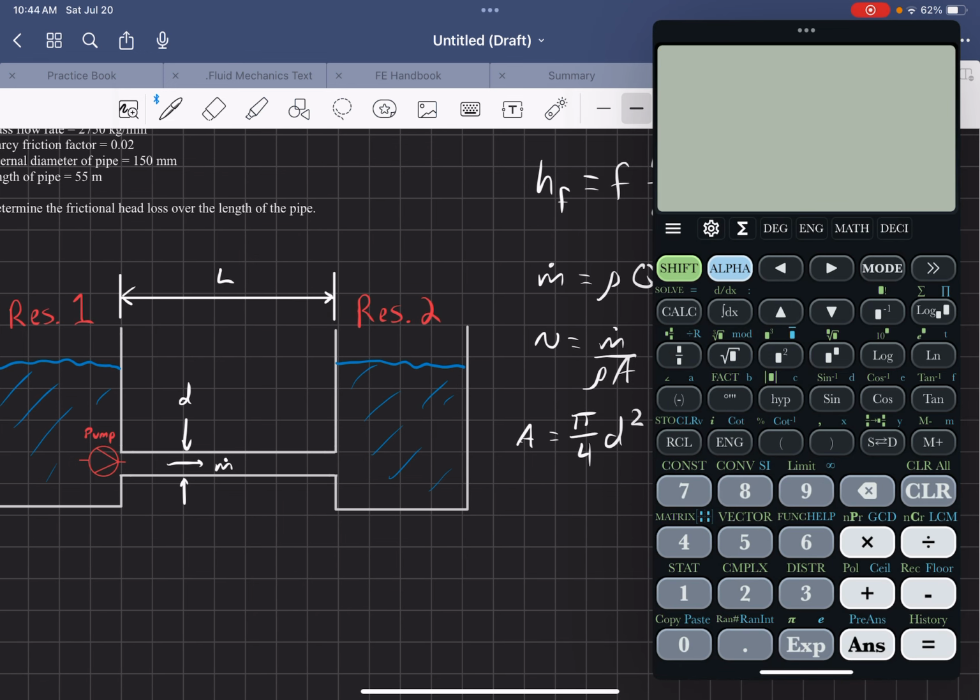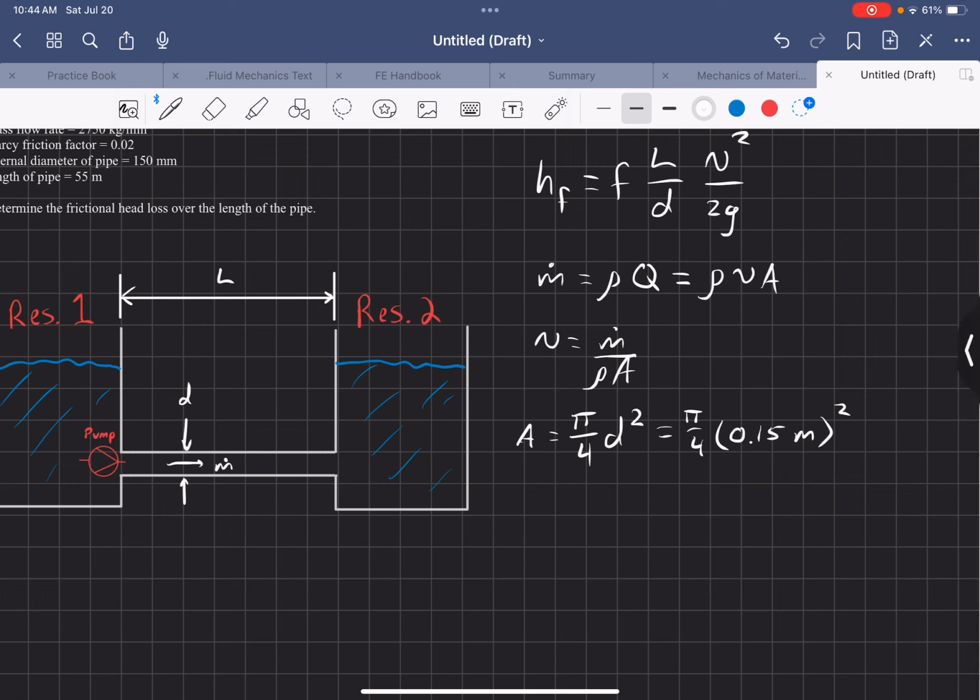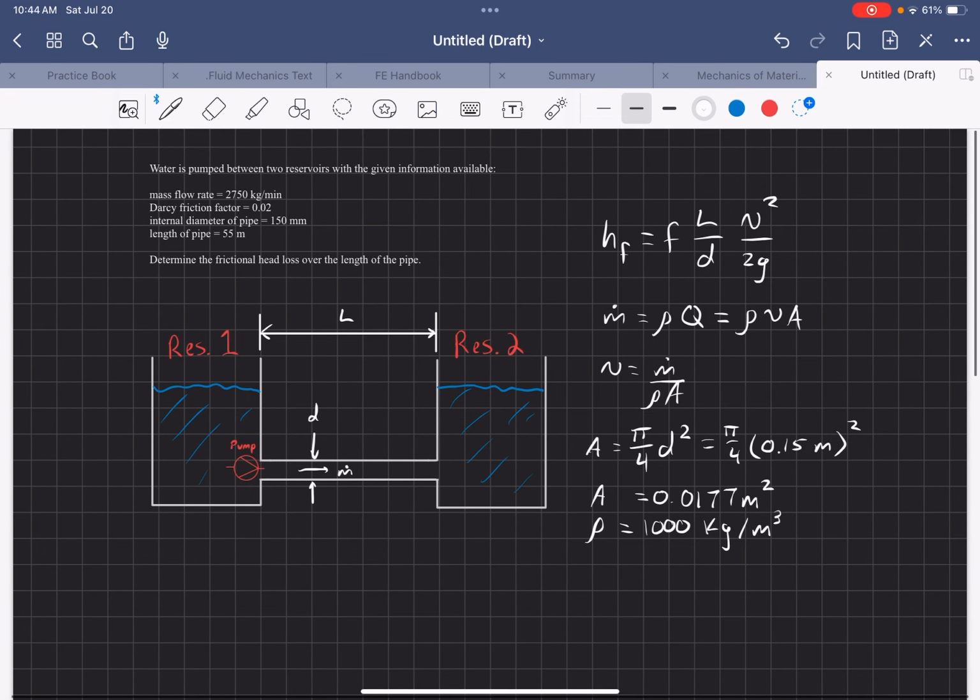If I calculate that, it'll be 0.0177 square meters. The density we can assume to be 1,000 kilograms per cubic meter. This is water.